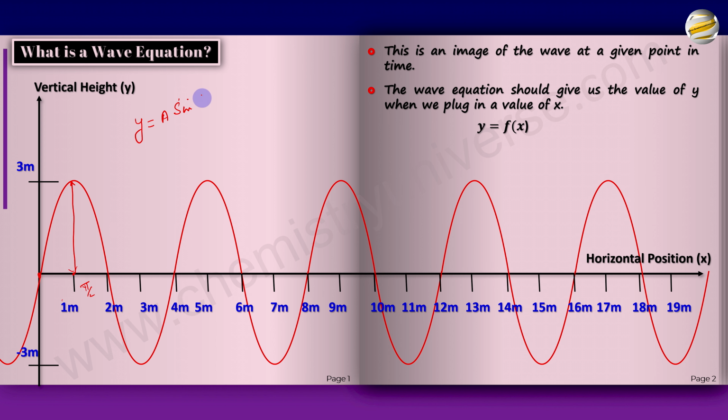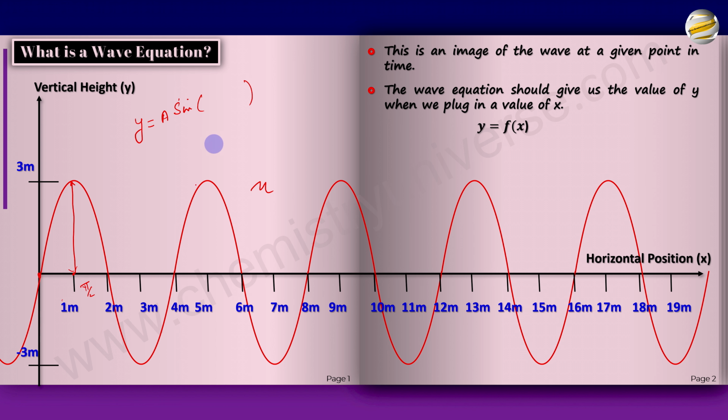So I want some particular value inside this bracket which will make sure that the sine of that value becomes 1. And since the amplitude is 3, y would become equal to 3. Now obviously the one that is inside should have some x in it. So how do we do that?